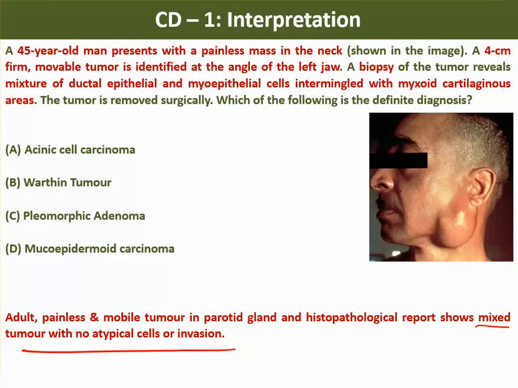That is called well differentiated carcinomas. We discussed it in the POD. So that's why both points are important: the cell appearance and the invasion. This will help you to know whether it is benign or malignant. So clinical findings are also suggestive of benign, and histopathology findings confirm it is benign.